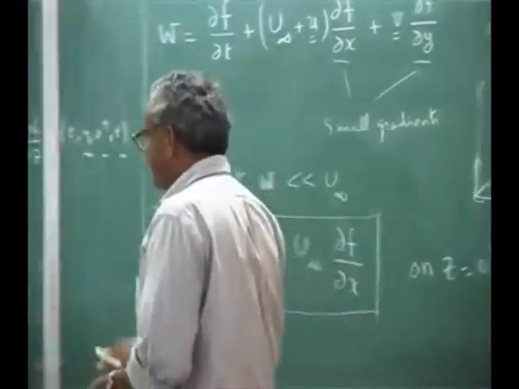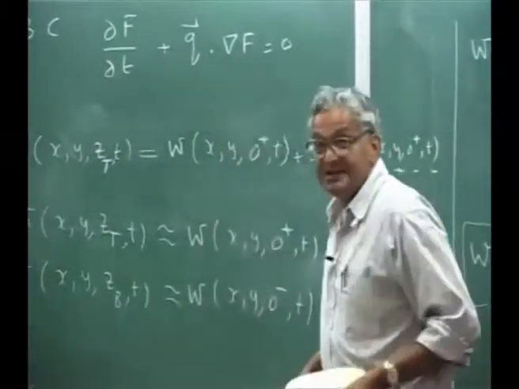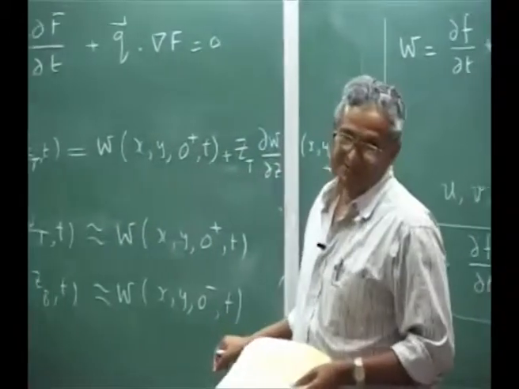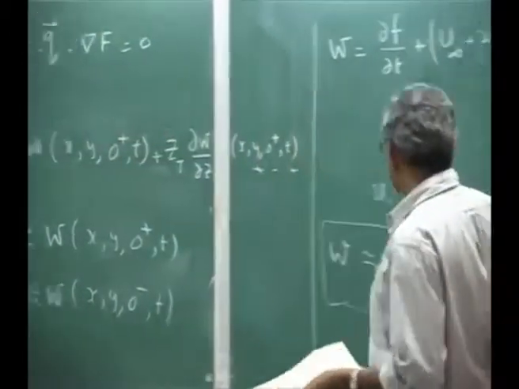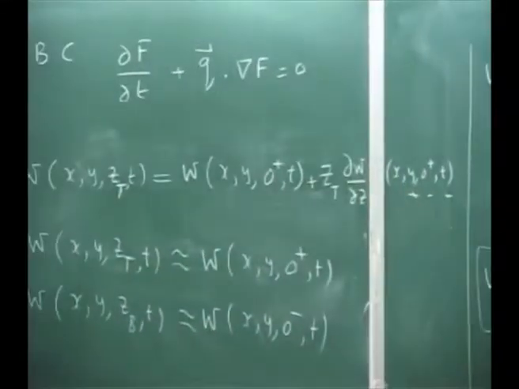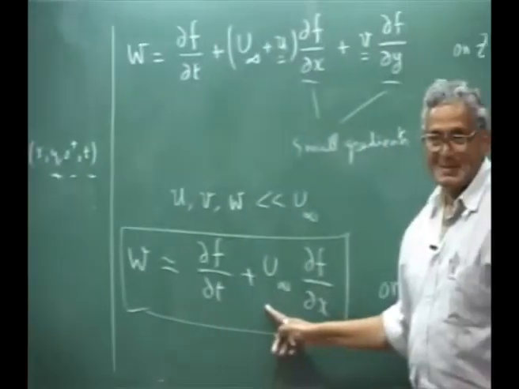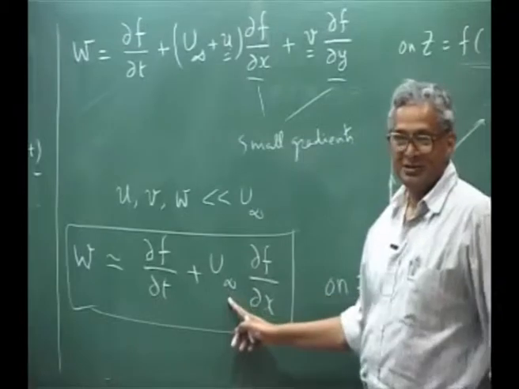Now let us get the formulation for a small disturbance potential flow. That means the reduction of these equations as well as the boundary conditions. Please understand, this has been modified to this. This is my boundary condition now.